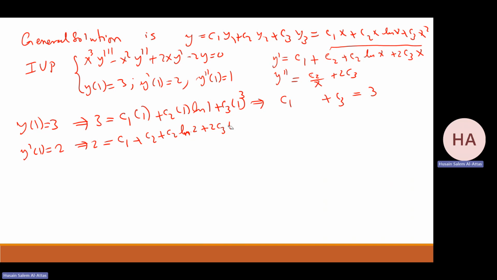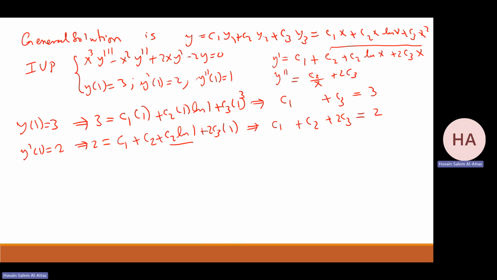This is at 1, not at 2. The x is 1. X still is 1. So that will be C1 plus C2 plus C2 ln 1 plus 2C3 times 1. So that will be C1, this is 0, plus C2 plus 2C3. That will be equal to 2.